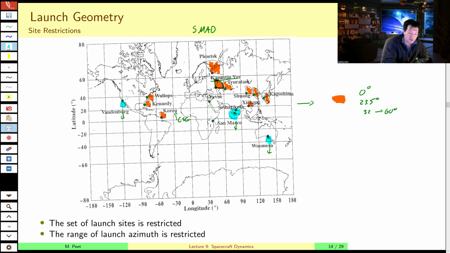By contrast, of course, you've got the other launch sites which are pointing south, and those are almost exclusively for the purpose of launching into polar orbits. Right. So let's now take a more quantitative look at how these restrictions on launch azimuth and launch latitudes restrict our inclination of the injected orbit.